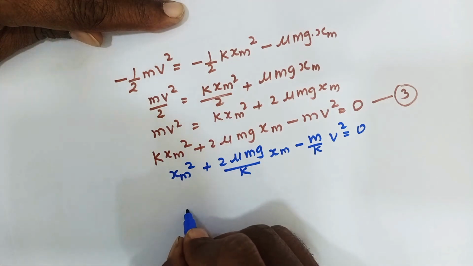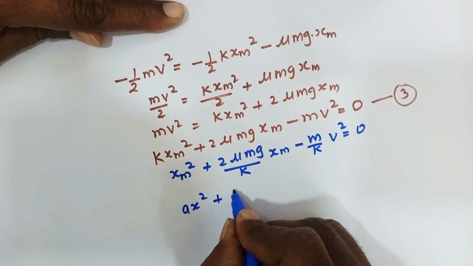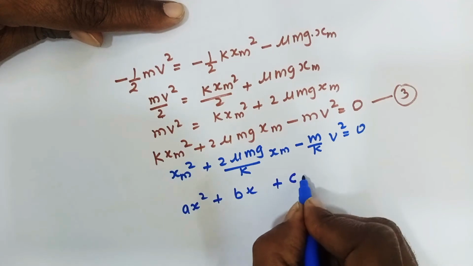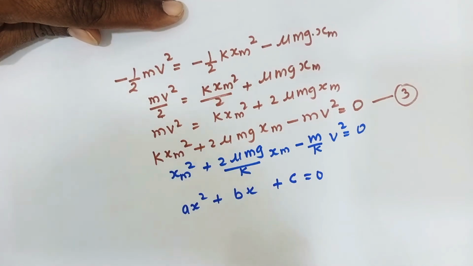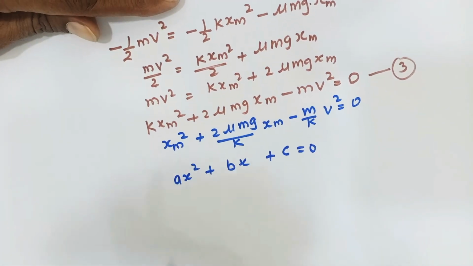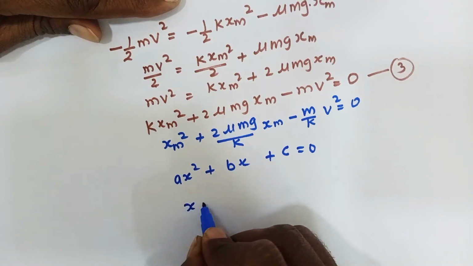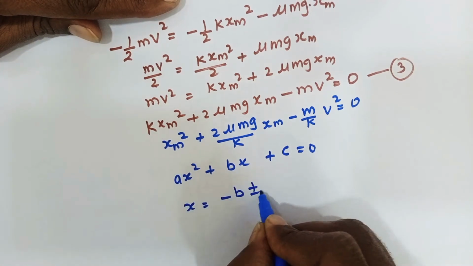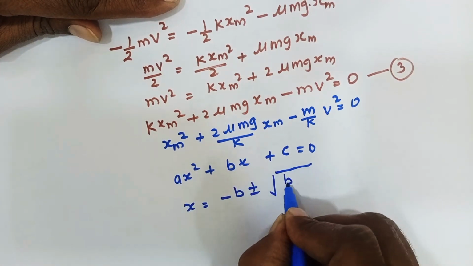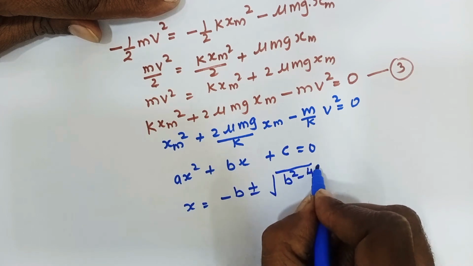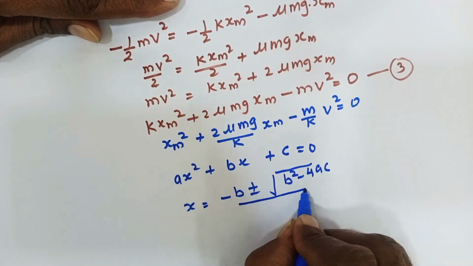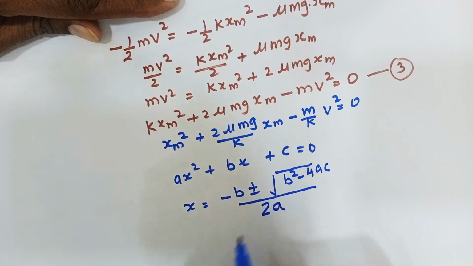You know the quadratic equation ax square plus bx plus c equal to 0, and to determine the value of x we have the formula minus b plus minus under root of b square minus 4ac upon 2a. The same thing we will use here.